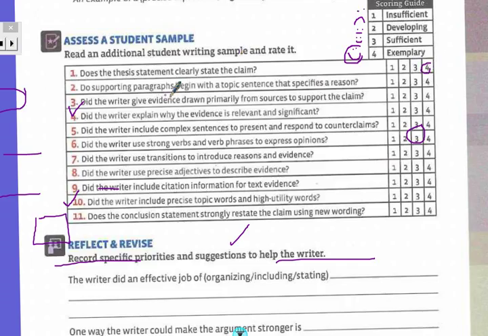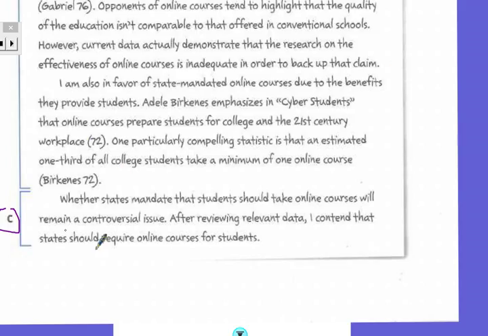Do supporting paragraphs begin with a topic sentence that specifies a reason? Specifies means gives. So go through each question and rate your answer based on what you see here. I'll give you about 10 minutes. Thank you.